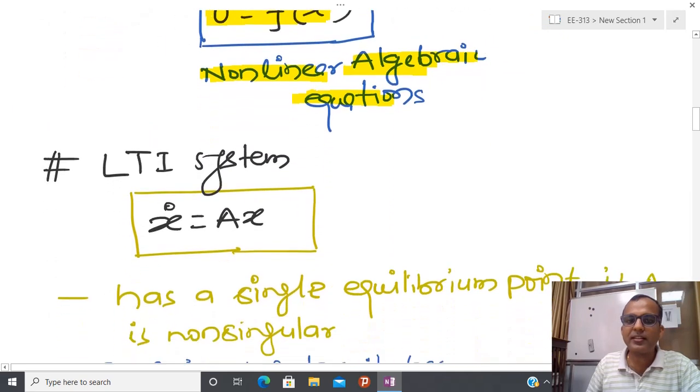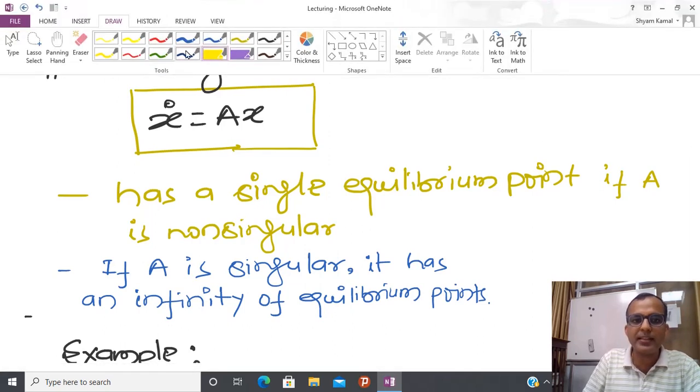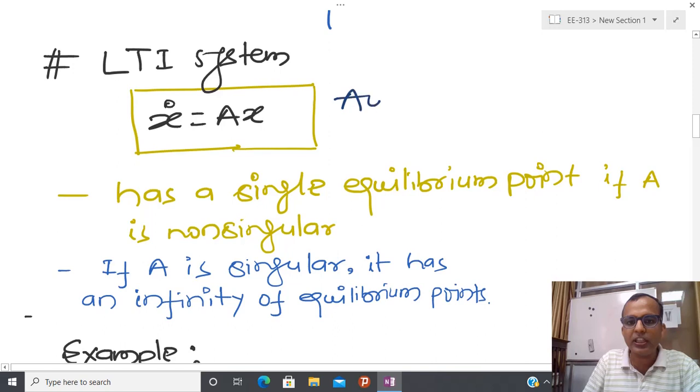Now let us take one of the very simple cases, and this simple case is the linear time invariant system. So again, in this particular place, I have just considered the autonomous system. And here you can see that in this autonomous system, if I want to calculate the equilibrium point, again I have to put the same kind of criteria.